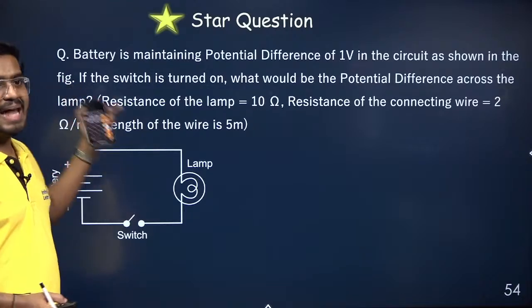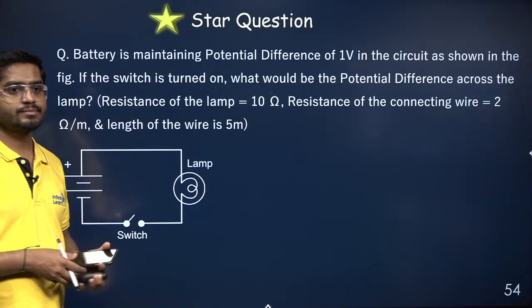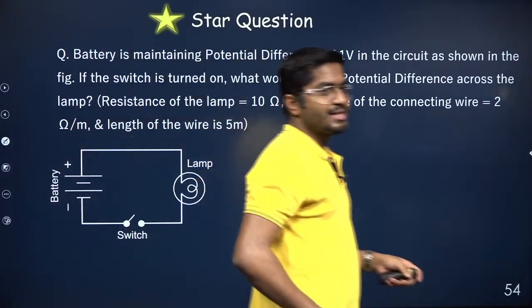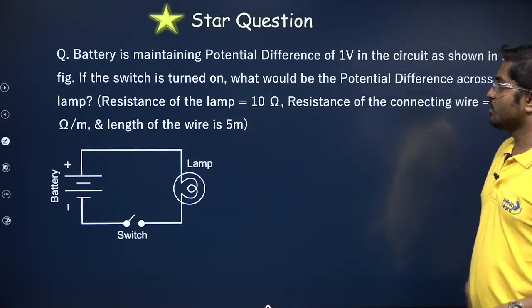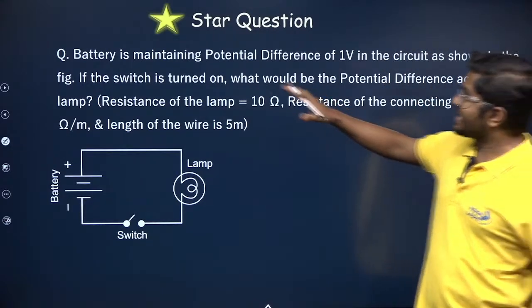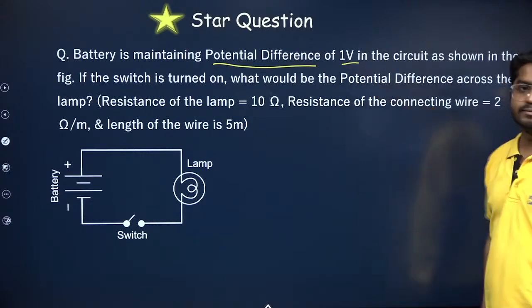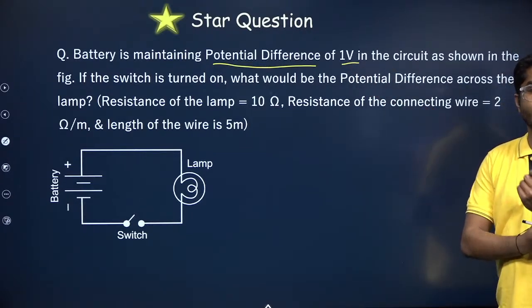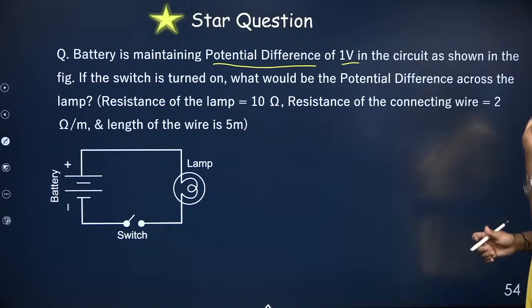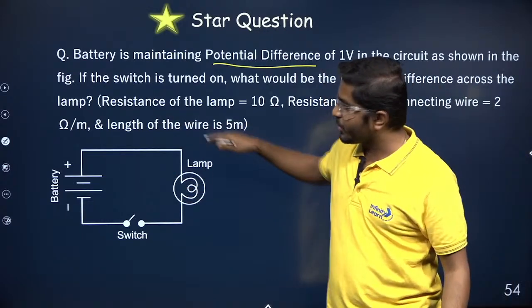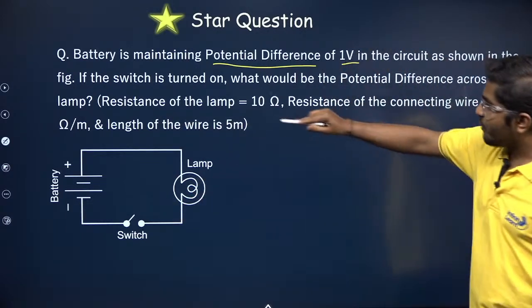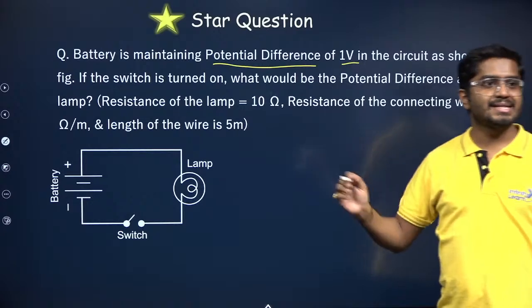So this is the last question of the day. Let's solve this question. I'll first explain you the question. So battery is maintaining potential difference of 1 volt. So there is a battery, you see it is maintaining the potential difference, but this wire has the resistance.